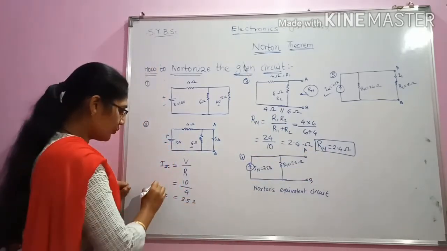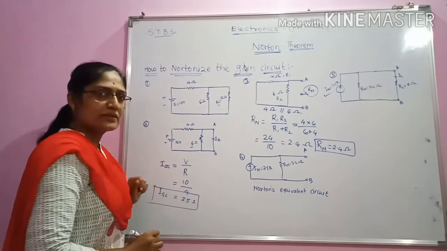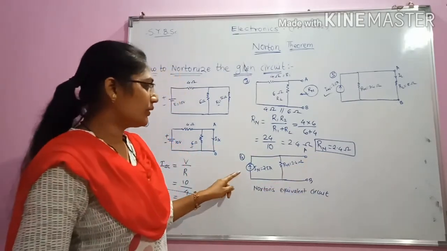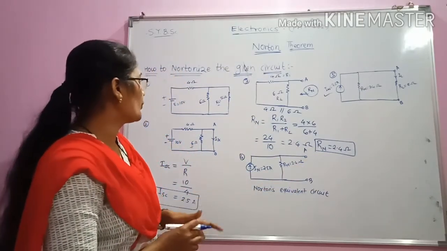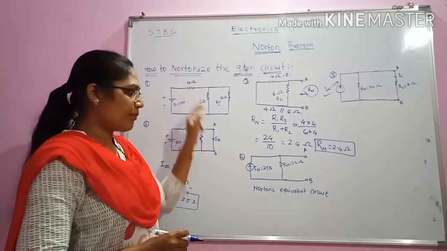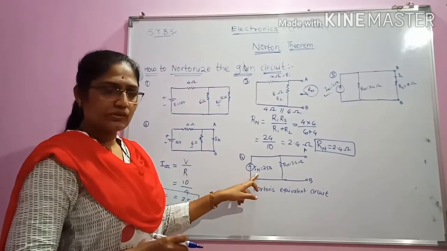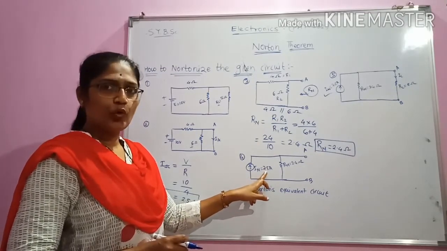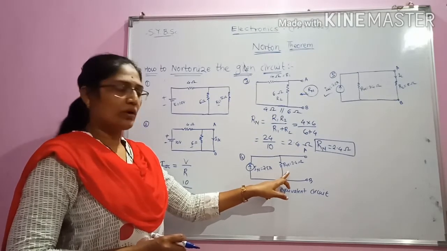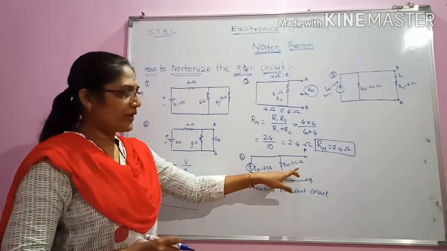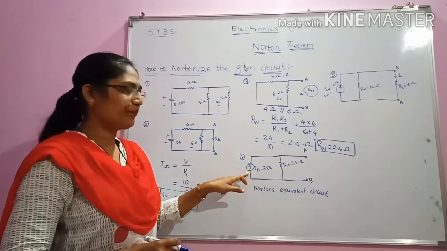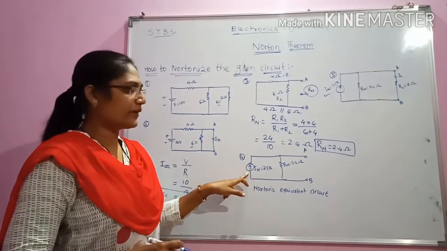So we have found out both the values: the equivalent current and also the equivalent resistance. So we will replace this source and these two resistances by a constant current source having value 2.5 ampere and a resistance, called the equivalent resistance, having value 2.4 ohm, and this resistance is parallel to the constant current source.